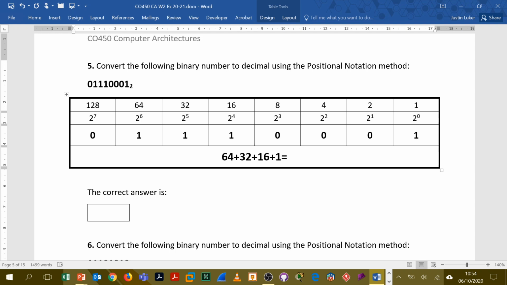Plus 16 will give us 112. So 113 with the 1. I think. Double check. 32 and 64, 96, and then 16 more, 112, 113.